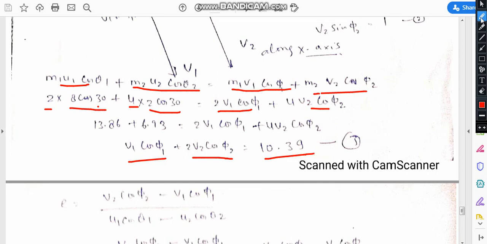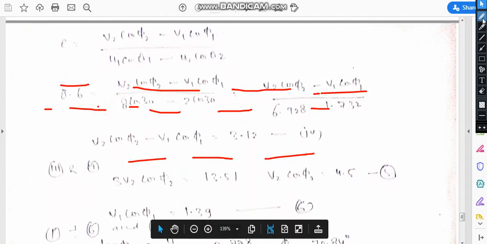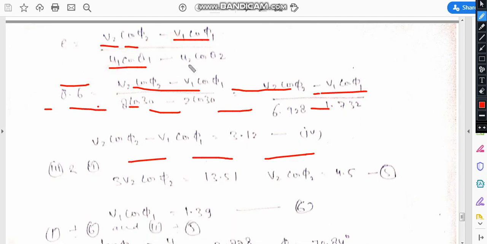Again we recall the coefficient of restitution, that is equal to v2 cos phi 2 minus v1 cos phi 1 upon u1 cos theta 1 minus u2 cos theta 2.